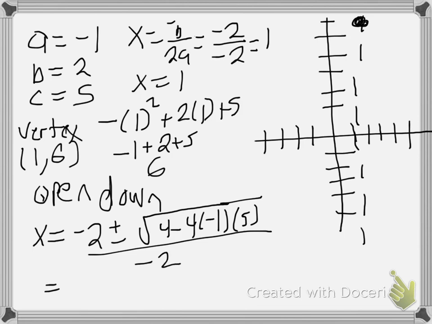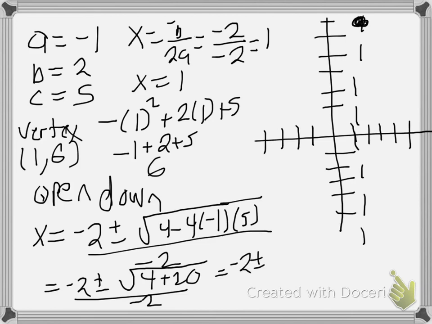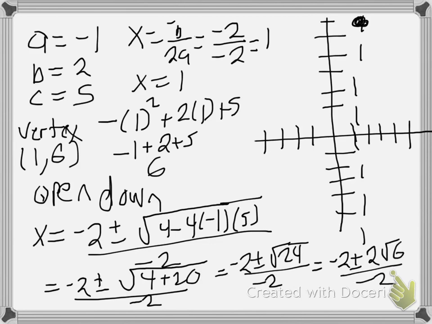So that gives me -2 plus or minus the square root of 4 plus 20, since -4 times -1 times 5 is 20, all over -2, which equals -2 plus or minus the square root of 24 over -2, which is -2 plus or minus 2 root 6 all over -2. Okay.